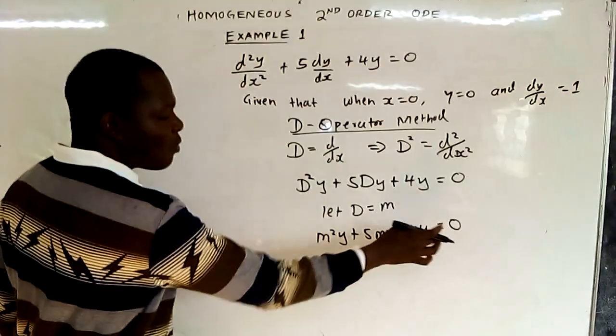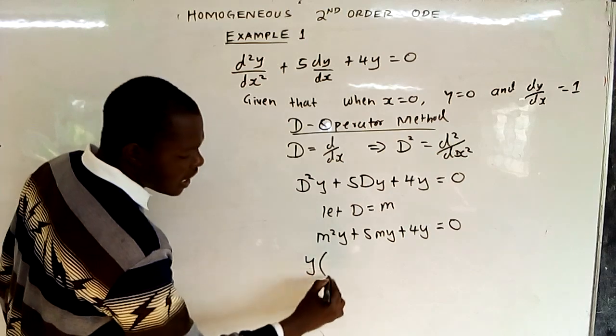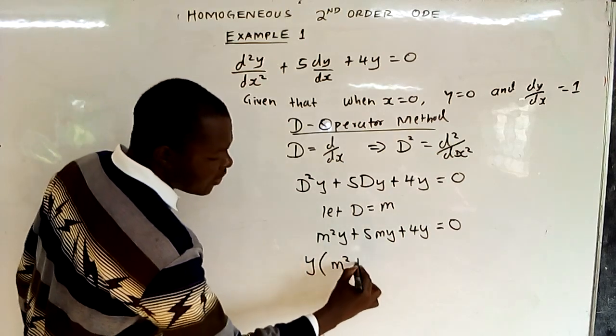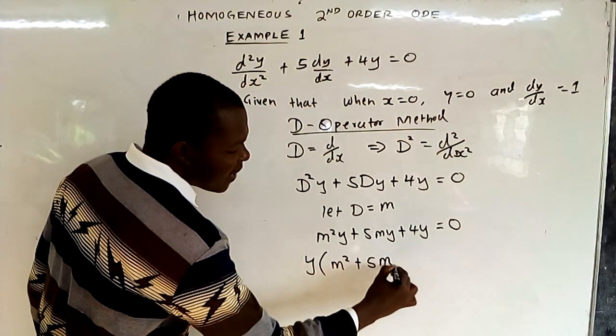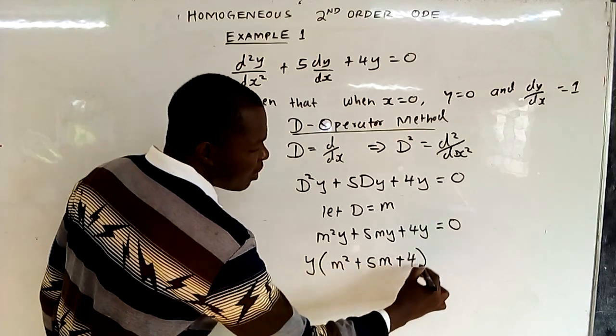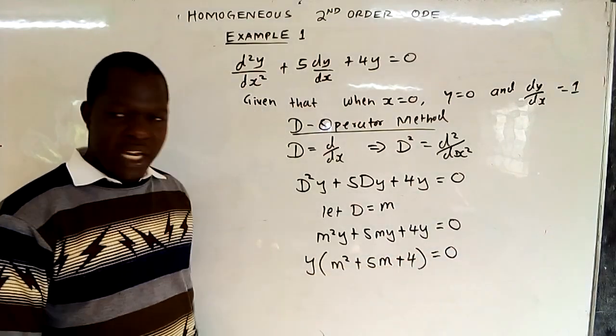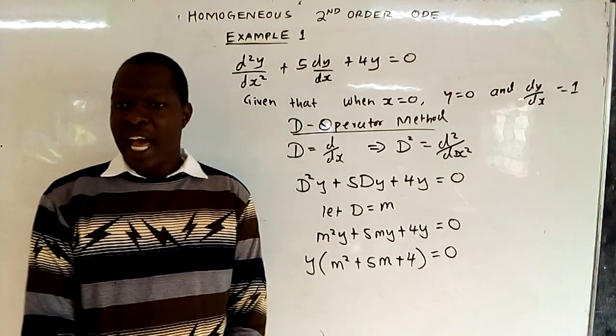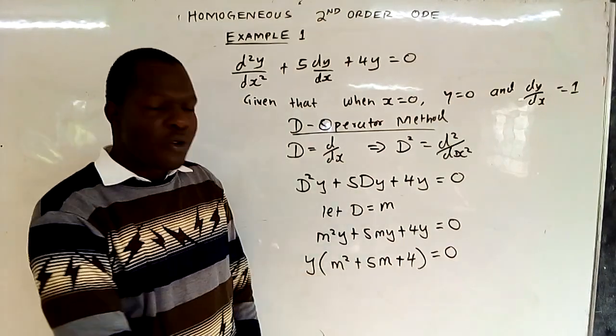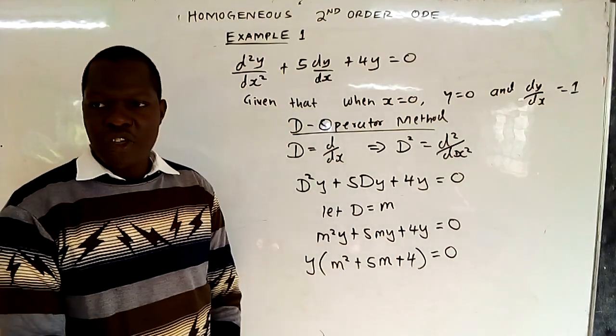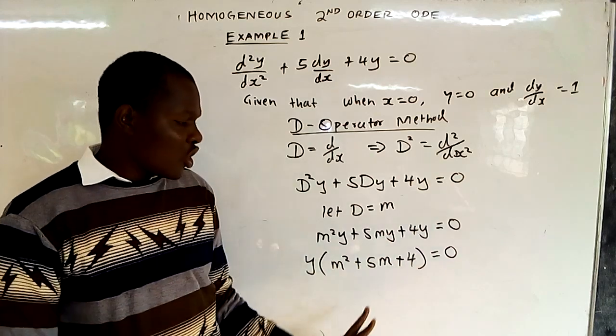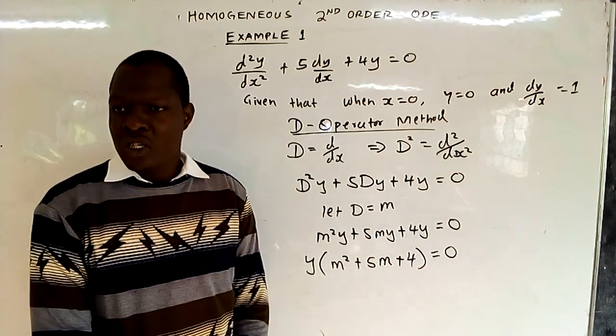You can see y is a common factor. If you factorize it out, you remain with m squared plus 5m plus 4 equals 0. If you have a product of two factors which is equivalent to 0, then either the first factor is 0 or the second factor is 0.